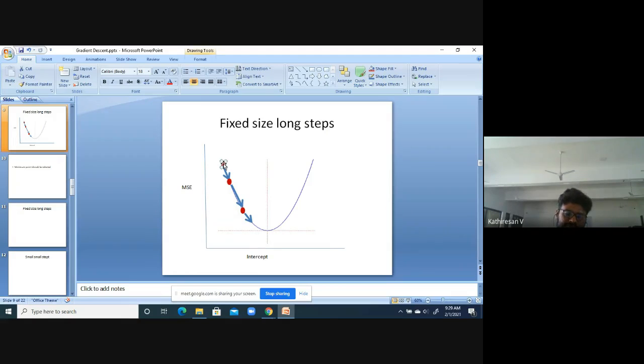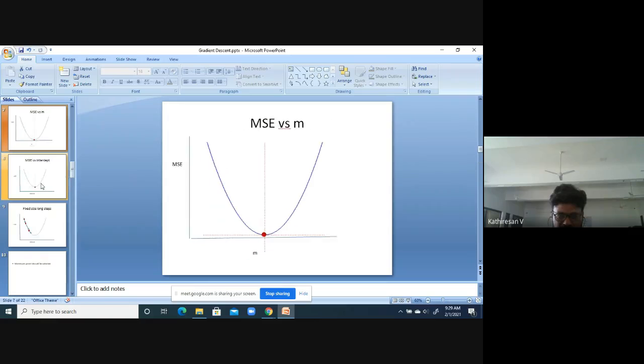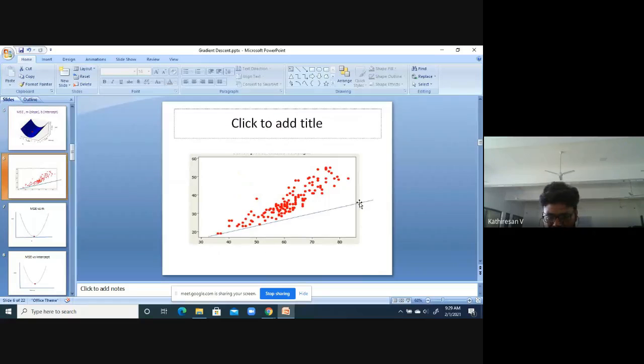First you are calculating MSE by keeping the line here, and second you are calculating MSE here. What I'm trying to convey is you are calculating MSE by keeping your line here. After that, you are taking a long step.